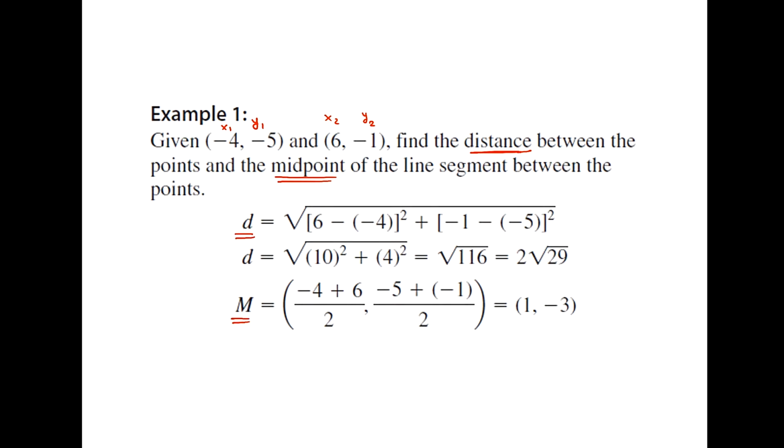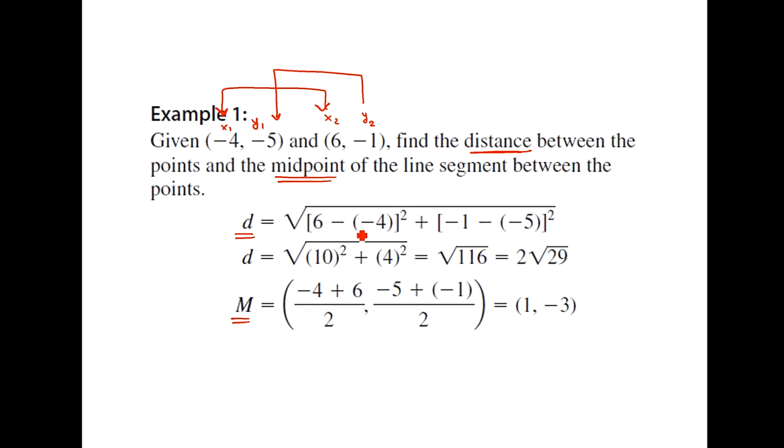Okay, and we use the formula: 6 minus minus 4, all squared, and y2 minus y1, minus 1 minus minus 5, squared.